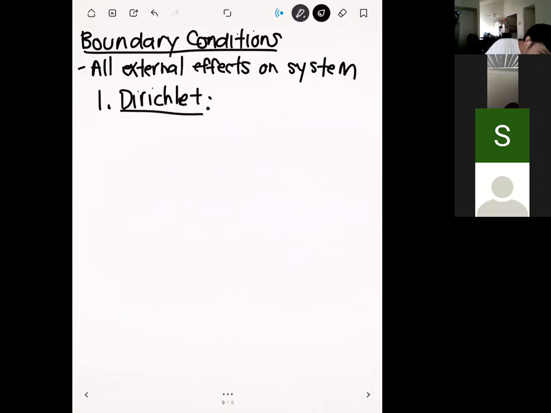Dirichlet is a very fancy name, but what it refers to is boundary conditions where we directly specify the solution value.